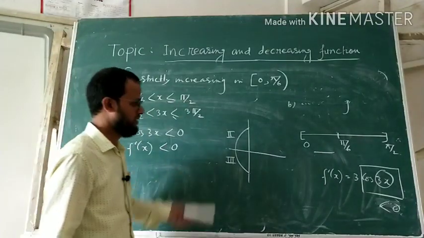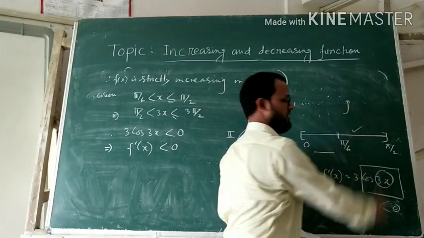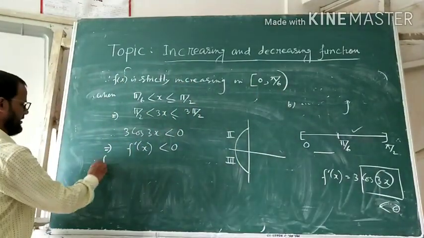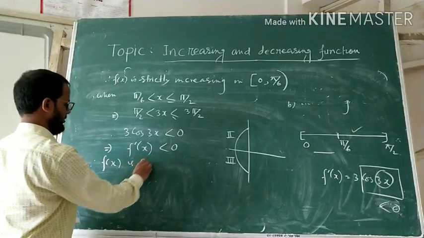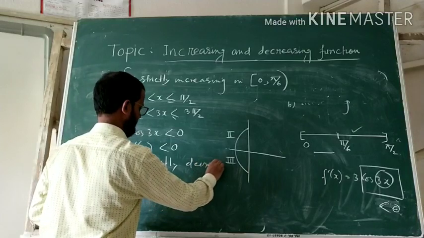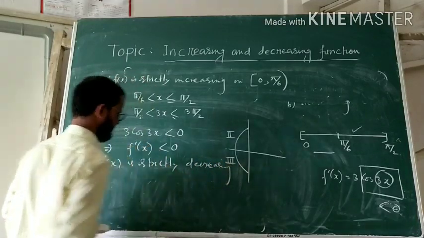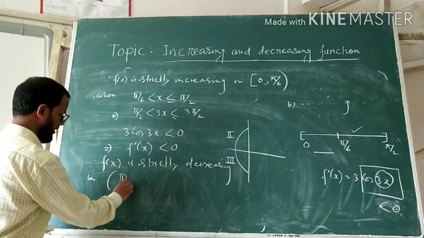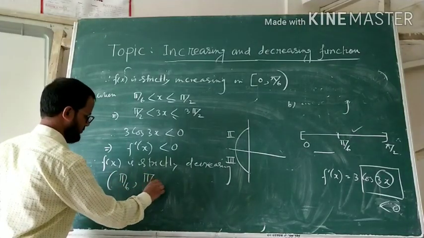In this interval, okay? So we can conclude that f x is strictly decreasing in the interval pi by 6 open and here pi by 2.